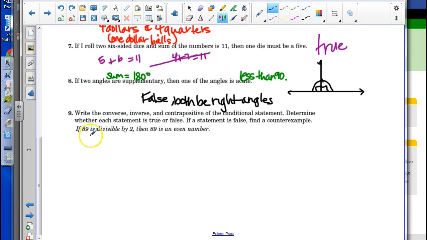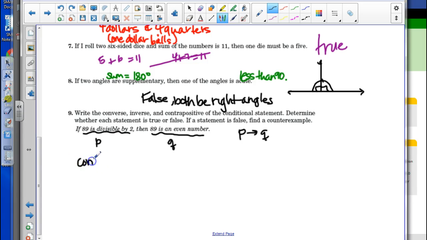The hypothesis here, we can call it the letter P, and then we can let the conclusion be represented by Q. Sometimes this is written like this, and it means if P, then Q. So if 89 is divisible by 2, then 89 is an even number. All right, so that is just a statement.